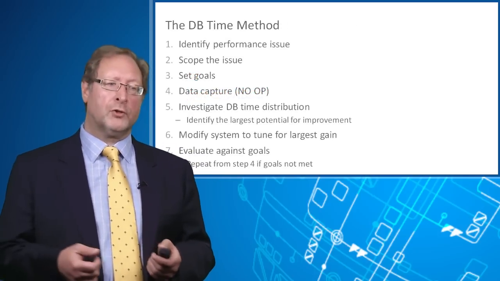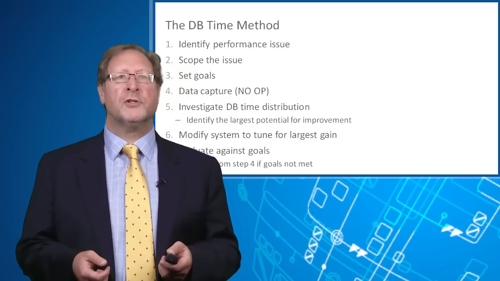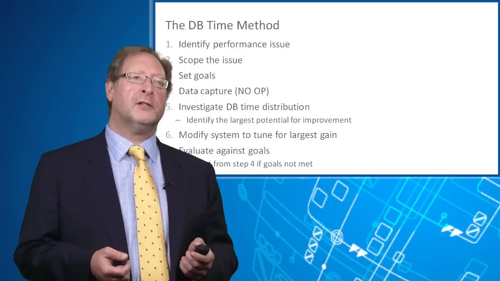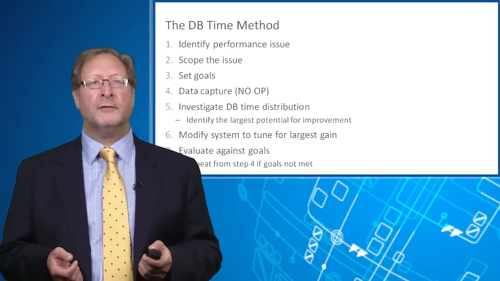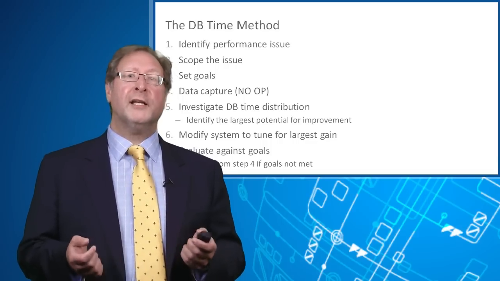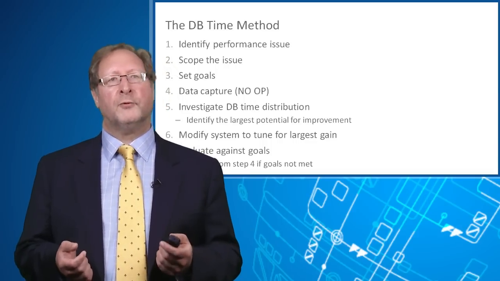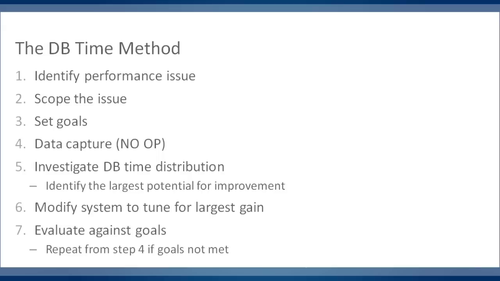But if you're trying to do this manually, let's put something more like a regular method about this. And many of the things that are part of this method are really non-technical. A lot of these things are things that the computer can't do for you. Let's start with identifying performance problems.